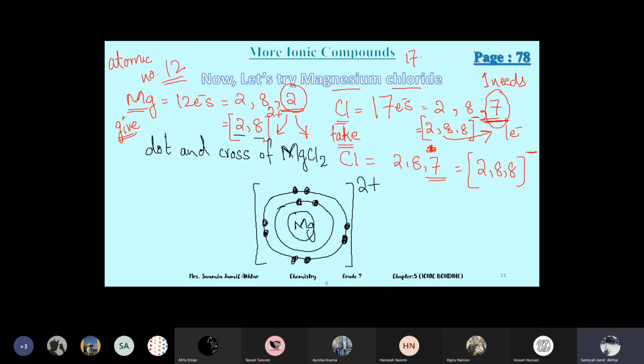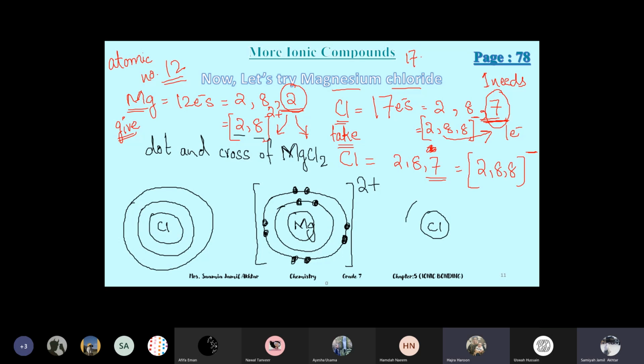So this is magnesium. Now we will draw 2 chlorines, one on this side, one on the other side. Inner shells are already complete. So this is the first shell, second shell, and third shell of chlorine.